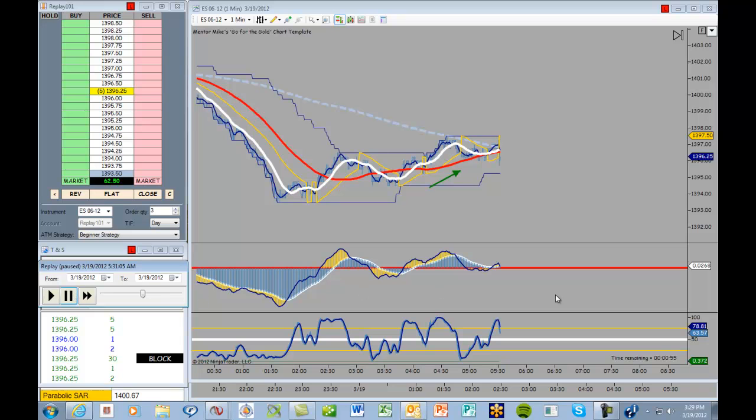All right. I thought we were breaking to the upside at first, but it looks like that long-term moving average is pushing things lower. We've got a good bearish hook on both Stoke and MACD. Let's see if we can make something on the short side here.